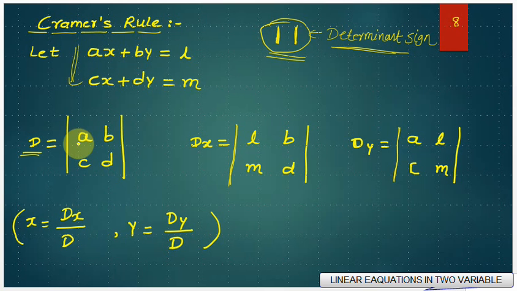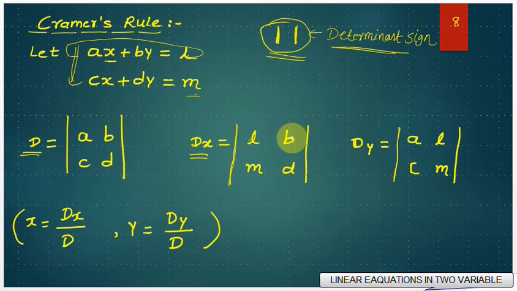The first column a, c gives the coefficients of x, and b, d are the coefficients of y. Now Dx, how to write this? For x, take on the left hand side l, after that b, so l, b, and for the second row m, d.